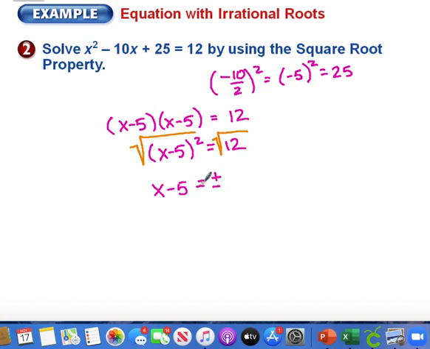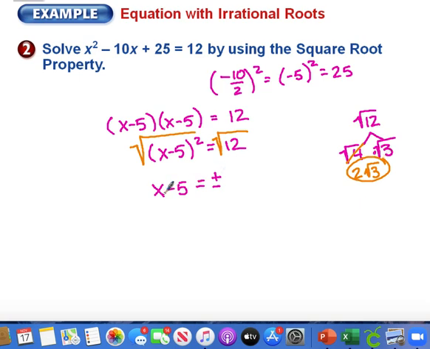Now I have a little problem because 12 is not a perfect square. So I'm going to come over here and I'm going to simplify the square root of 12 like we've done in the past. So I'm going to factor it out, and I see that the number 4 is a perfect square. And the square root of 4 is 2, so that's going to simplify to 2 square roots of 3.